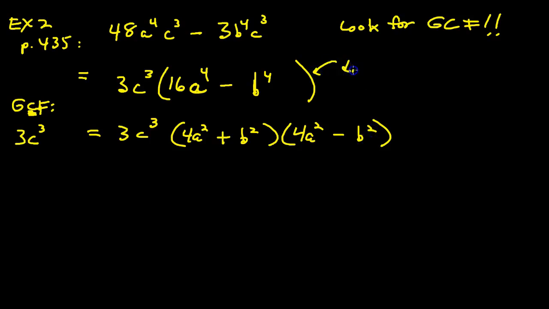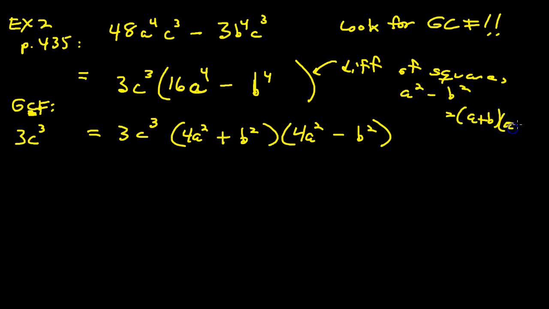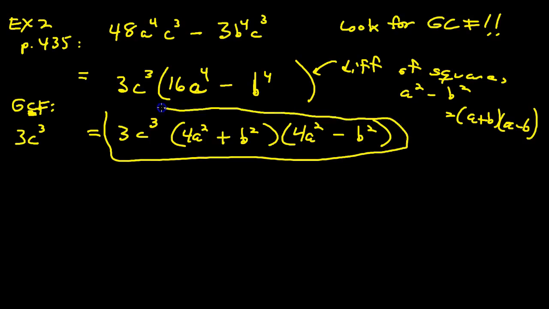So let me write that out. This is a difference of squares. And you'll recall a squared minus b squared always factors as a plus b times a minus b. All right, so there is our final completely factored answer. You haven't factored until you've factored completely.